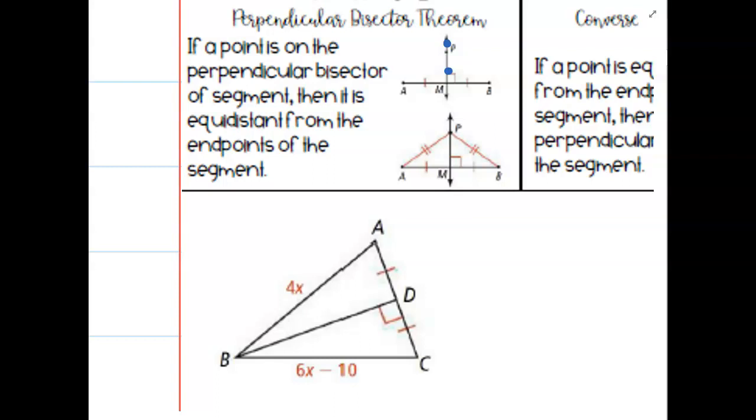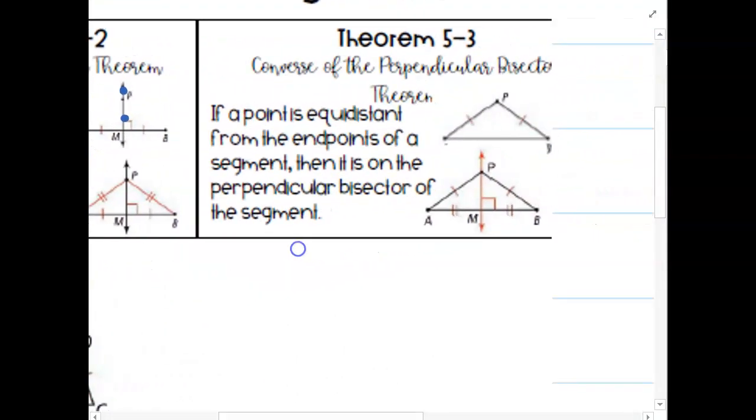Theorem 5.3 is just the converse. With the converse, you just flip it. So instead of starting with a perpendicular bisector, you start with those two congruent segments. What theorem 5.3 says is we have a segment and a point.